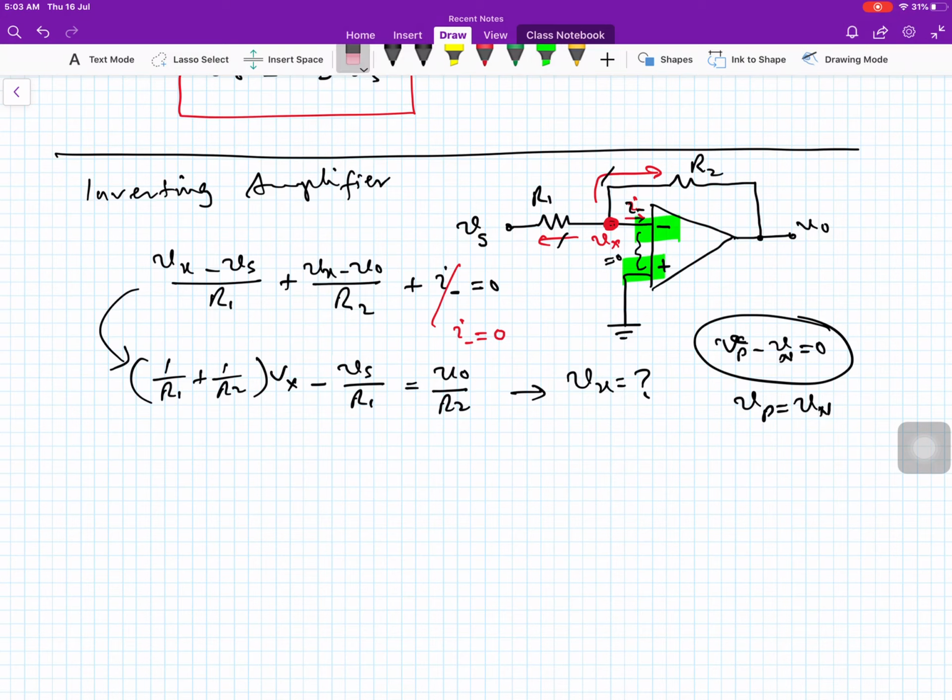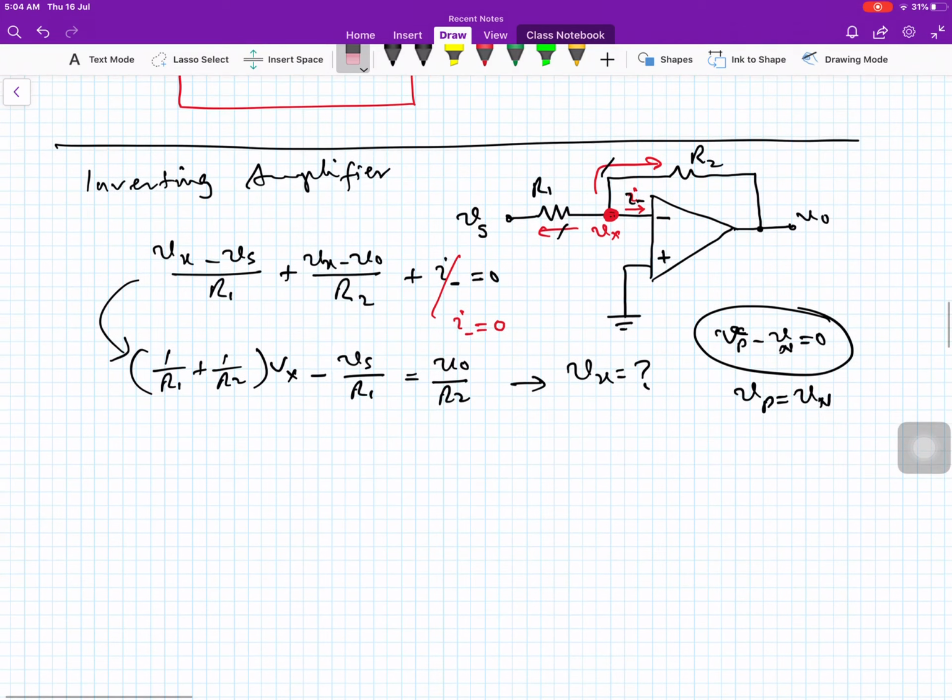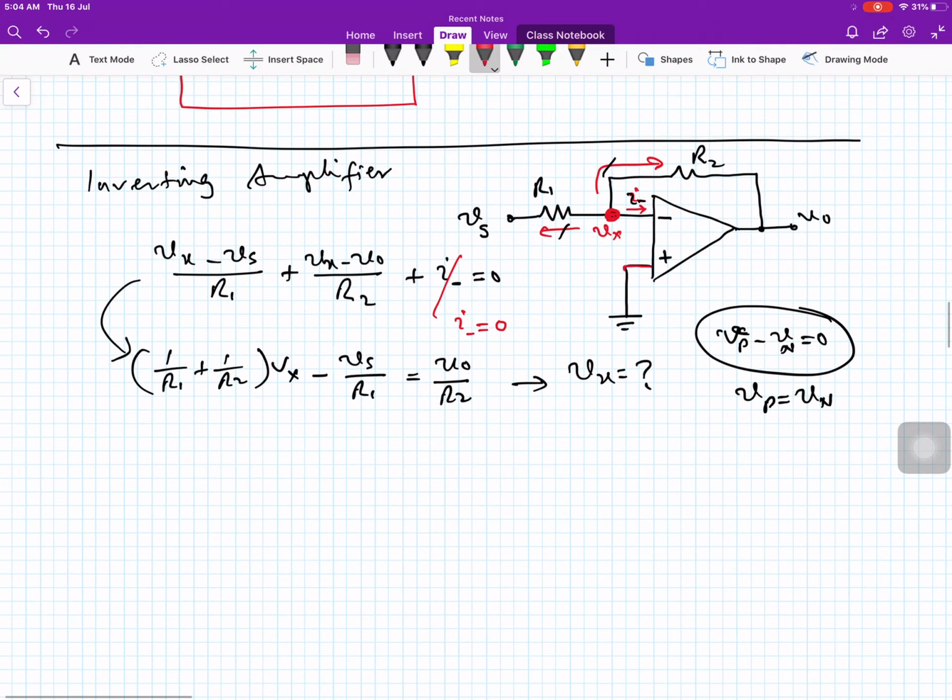Initially it looks very strange, but you will become familiar with it. As Vp is equal to Vn, and this is connected to ground, due to the 0 volt difference this is also at the ground level.